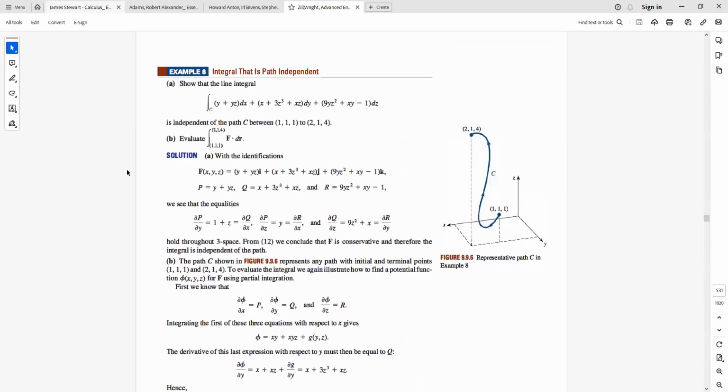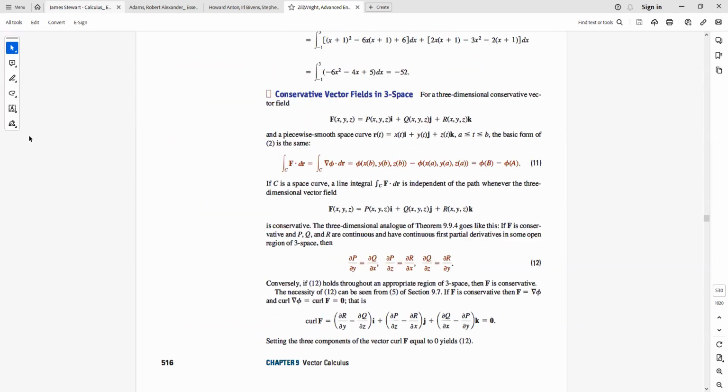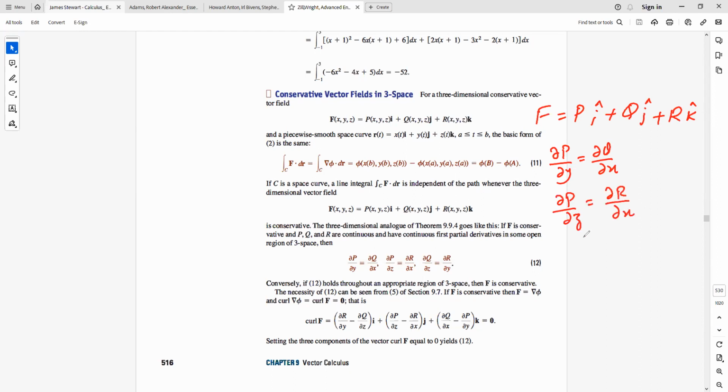Similarly, we can test the field for higher dimensions as well. For instance, if we are given a field in R3, let's suppose the function is given by P i plus Q j plus R k. So we can test it by doing partial P over partial y equals partial Q over partial x, partial P over partial z equals partial R over partial x, and partial Q over partial z equals partial R over partial y.